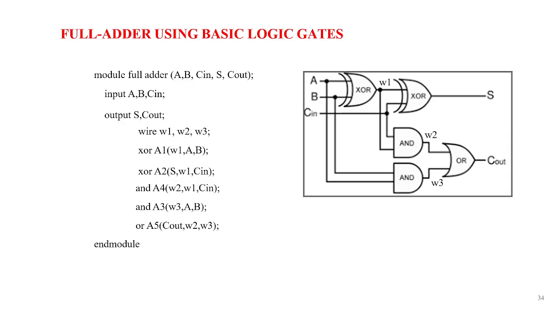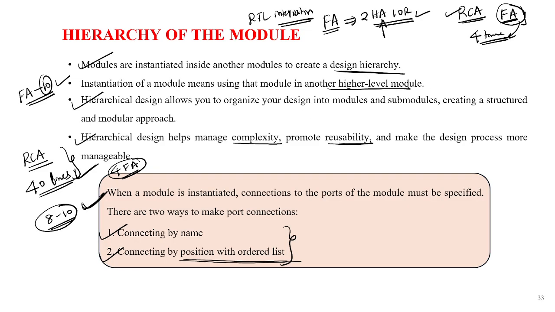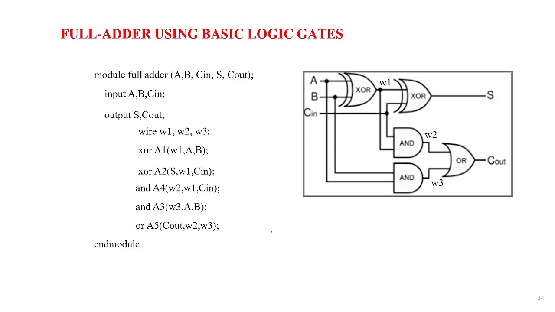Okay, next you see connection by name and connection by position with ordered list. Here I am first writing the basic full adder using gate level modeling, using basic logic gates.